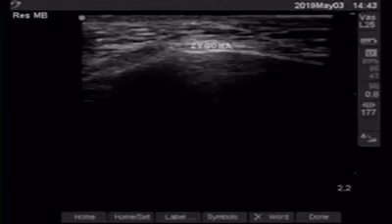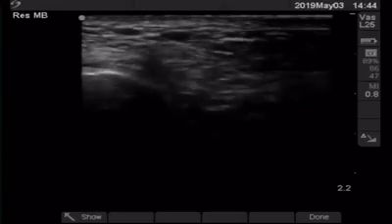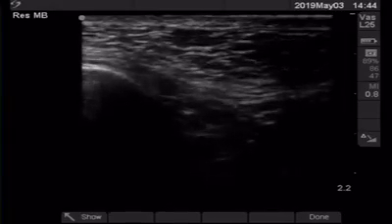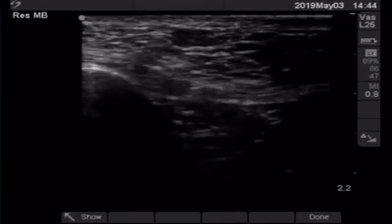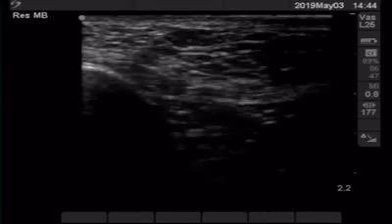In this, the probe is directly kept over the zygomatic arch, and you can see the hyperechoic line of the zygomatic arch. After scanning the zygomatic arch, the probe is taken inferior to the zygomatic arch and is tilted cranially so that the wave goes under the zygomatic arch.